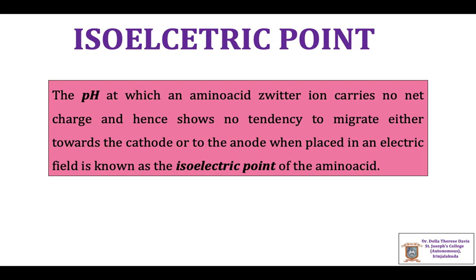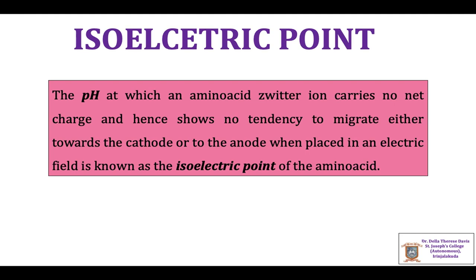If the amino acid is positively charged, it has a tendency to migrate towards the negative electrode. If it is negatively charged, it has a tendency to migrate towards the positive electrode.